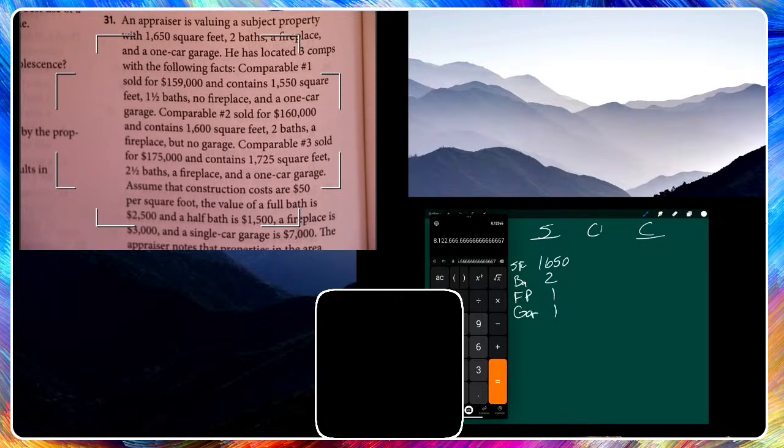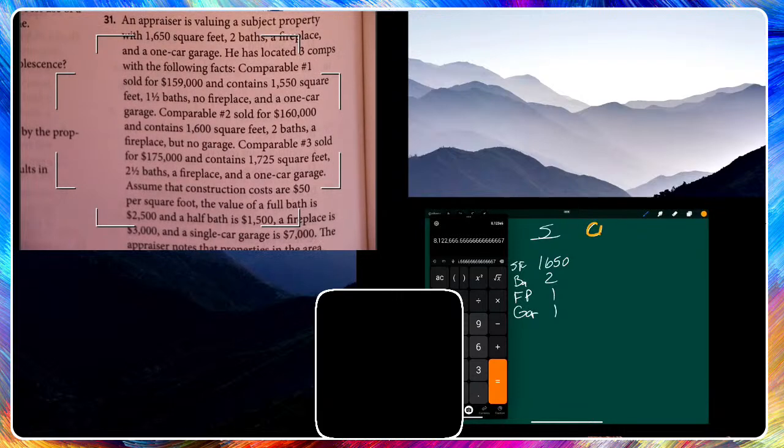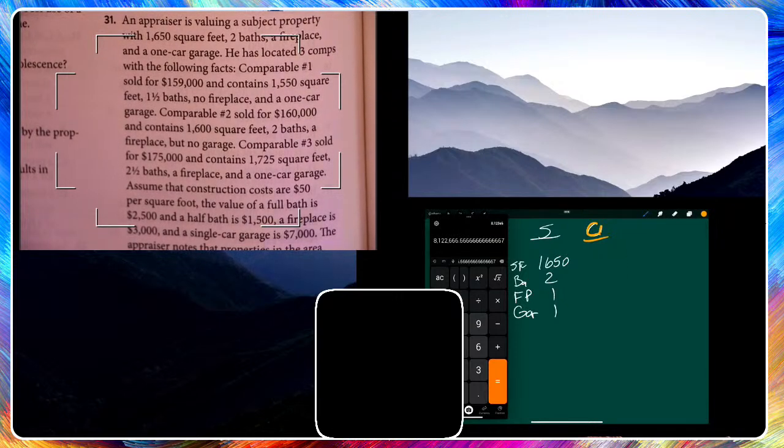We've got comp 1, comp 2, and comp 3. Comp 1, we'll do that one first. What does comp 1 have as different? Comp 1 has, well, first of all, it sold for $159,000.